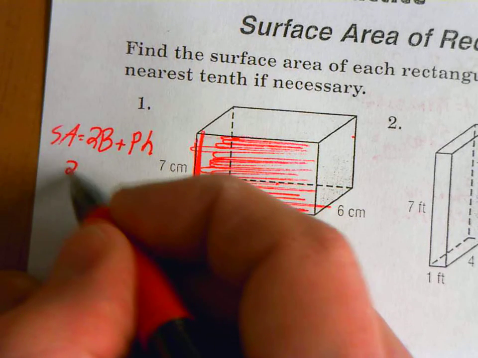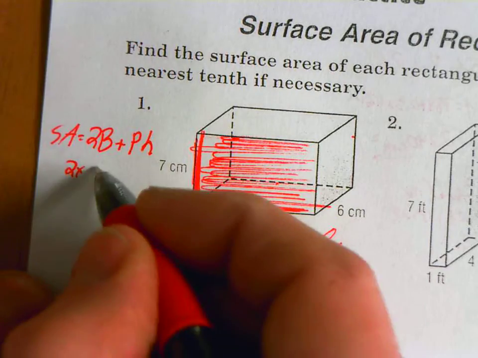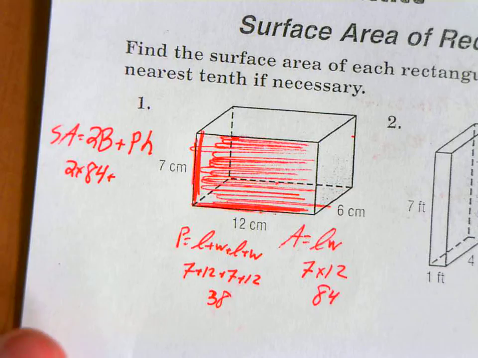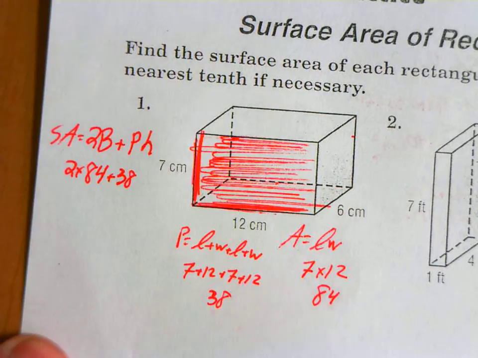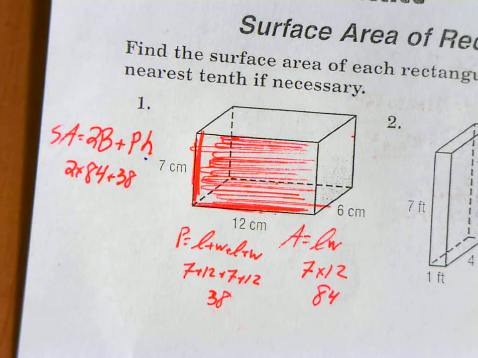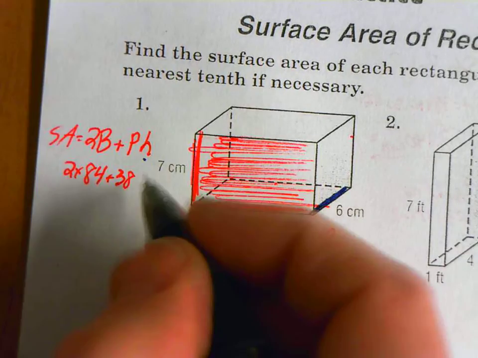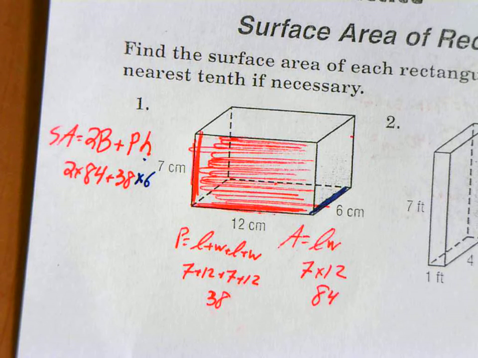Plug it on in. 2 times the area, 84. Don't mix those numbers around. I did that once, remember. Plus 38. And now always remember this h here refers to the height of the prism. What's the distance between the 2 bases? What's the distance between the rectangles? In this case, it's 6.